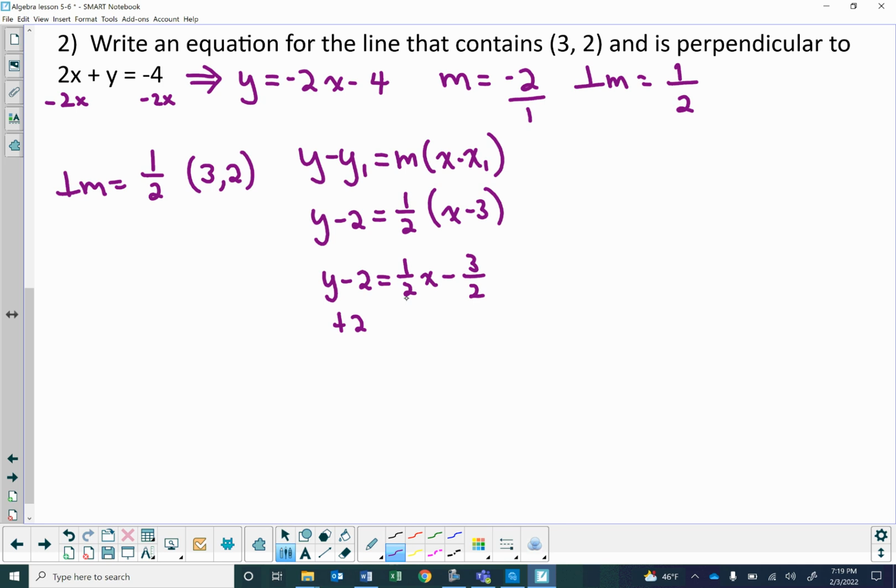Add 2. Adding 2 is the same thing as adding 4/2. 2 over 1 is the same thing as saying 4 over 2. So I add 4 over 2 just because it's easier for me to add my fractions when I have a common denominator. So y = 1/2 x, and -3/2 + 4/2 is positive 1/2.